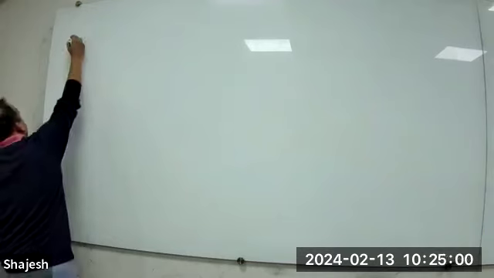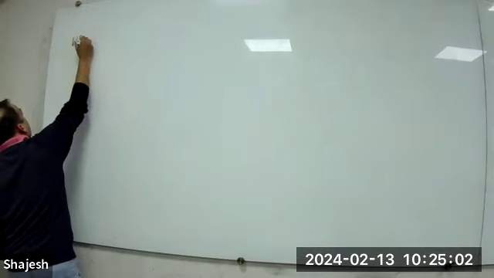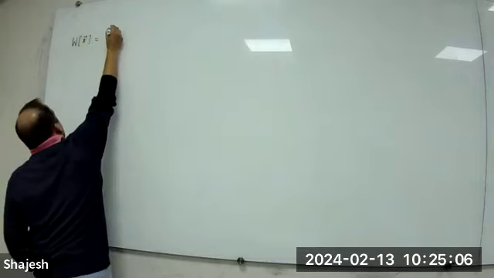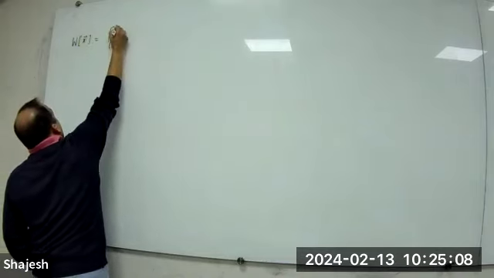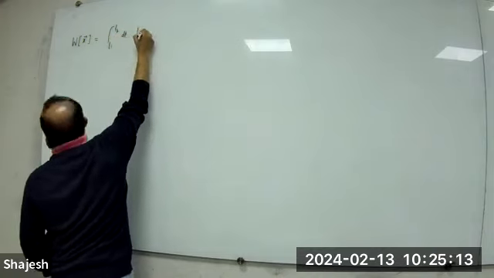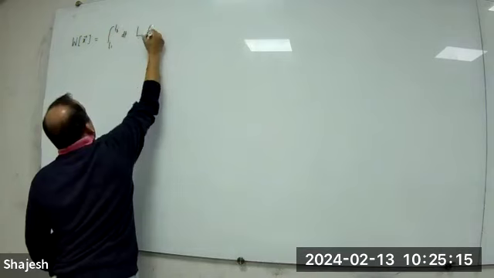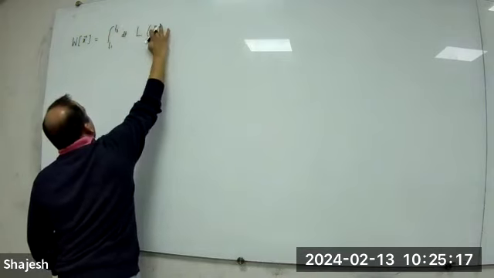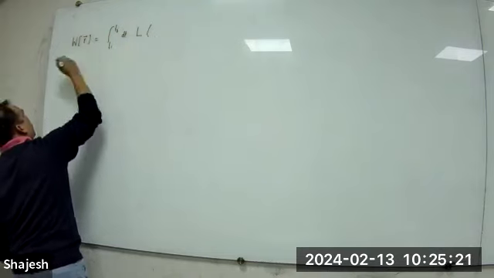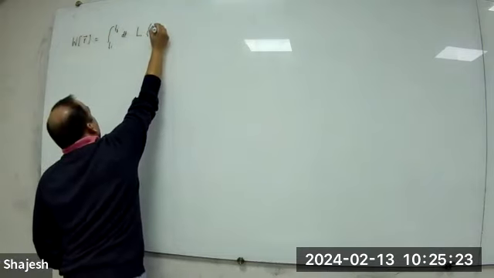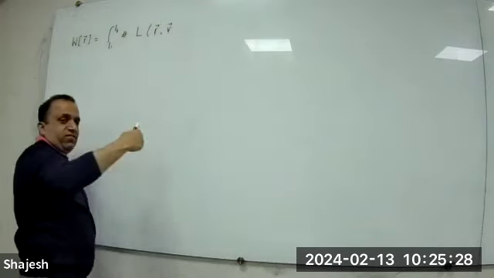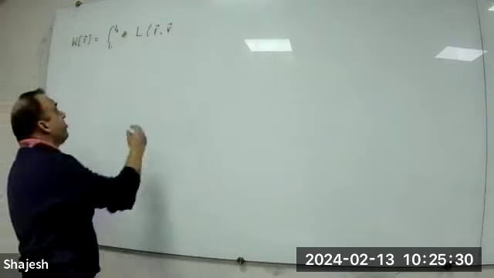So now that we know the functional derivative, my action is the integral from t1 to t2 of dt, and L, did I define that? Yes. Let's use r. v is the derivative of position.